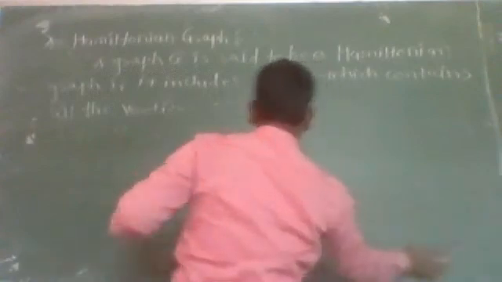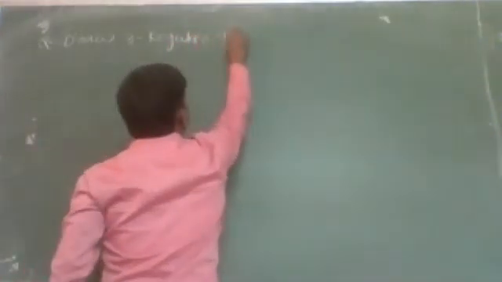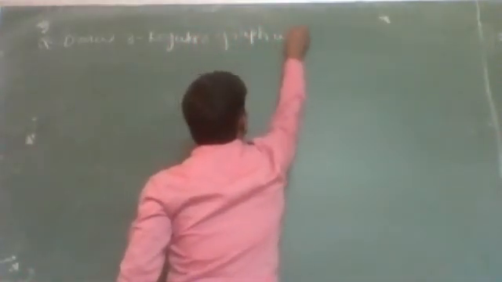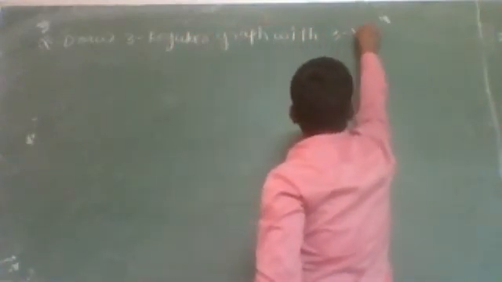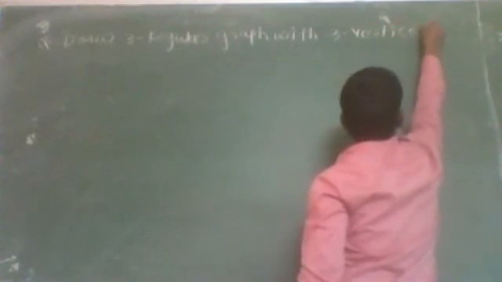Okay. Now. Question: draw a three-regular graph with three vertices.